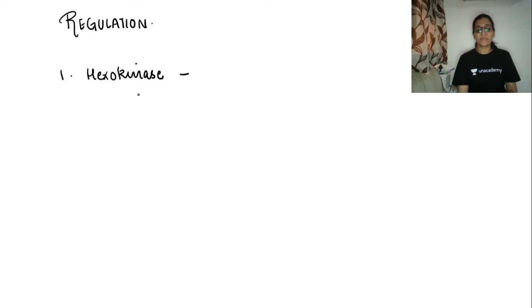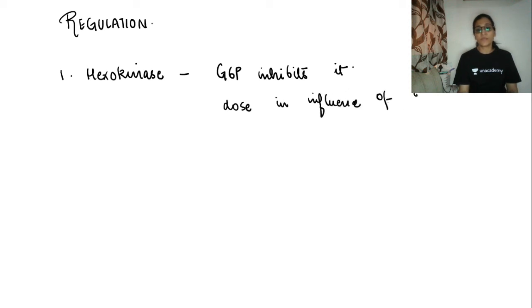This enzyme is inhibited by glucose 6-phosphate, and this it does under the influence of insulin. So insulin activates the pathway, but glucagon inhibits the pathway.